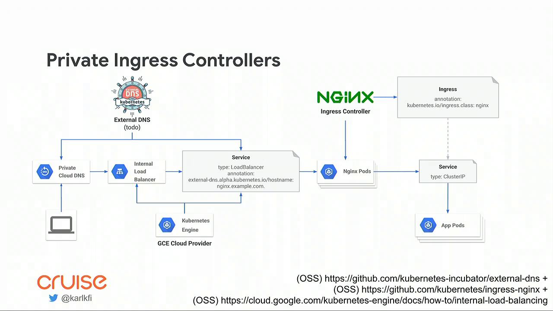So I talked about private ingress. We have 2 of the 3 pieces of this solution built out and have for a while, and it works okay, but we're not in love with it. The GCE cloud provider here is built into Kubernetes, and it knows about GCP, and it configures the ILB, the internal load balancer in GCP, and that allows you to do, I believe, TCP load balancing.